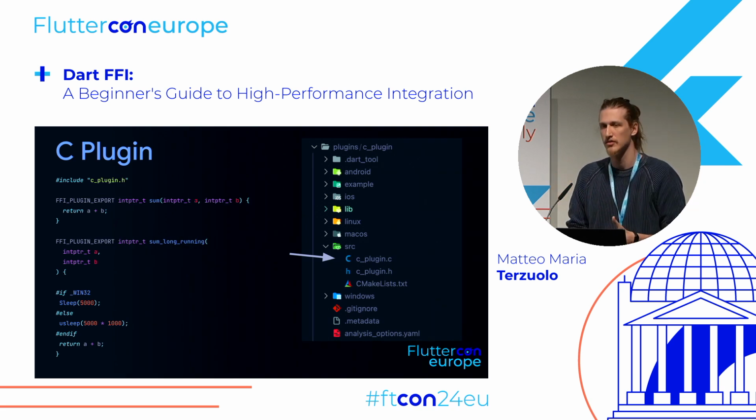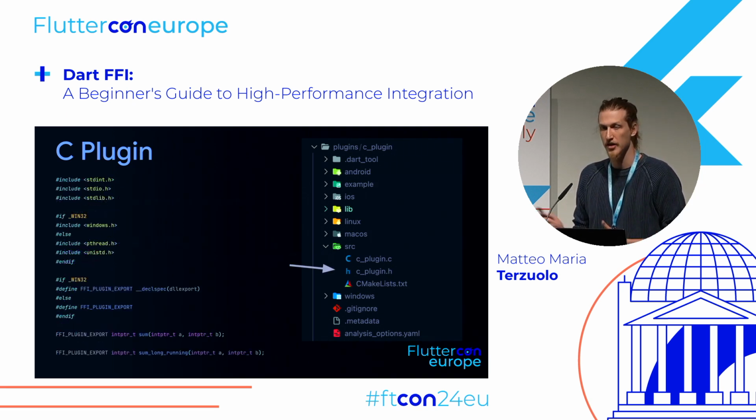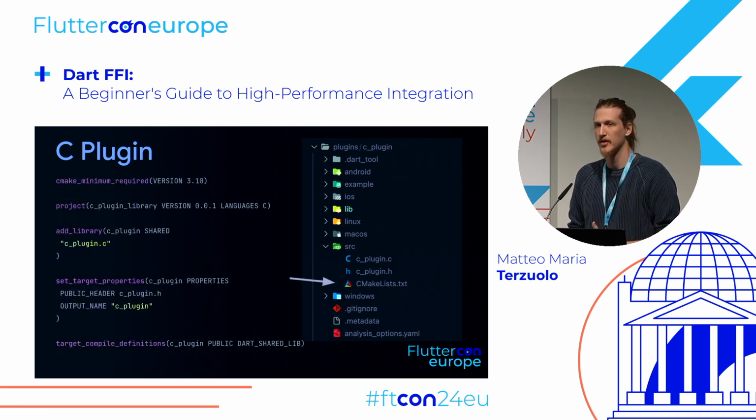So it's just to have two different cases, where one you run instantly, and the other is taking a little bit longer. Then there's the H file, which just defines the signature of those functions. And then there's a CMakeLists file, which is used for compilation.